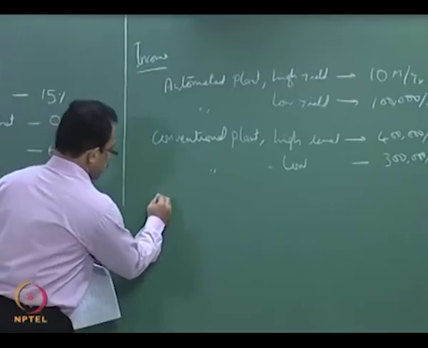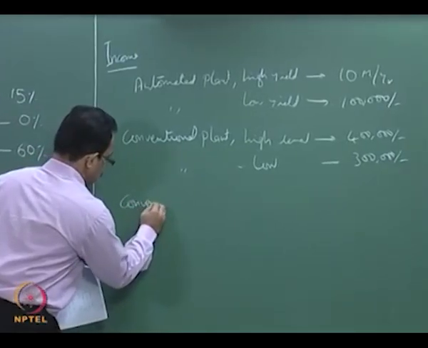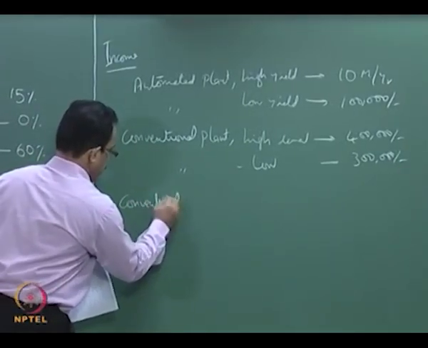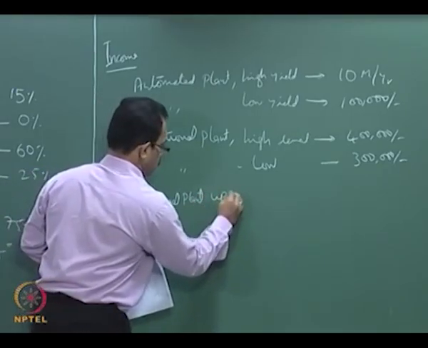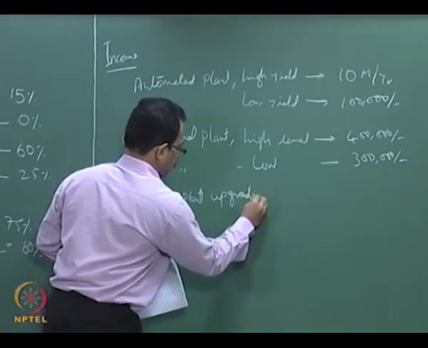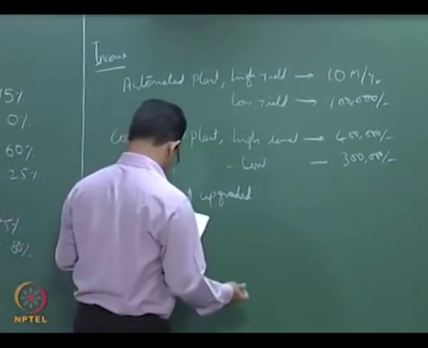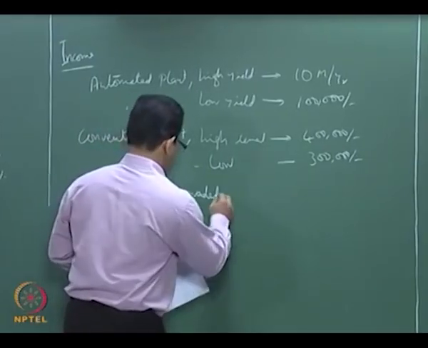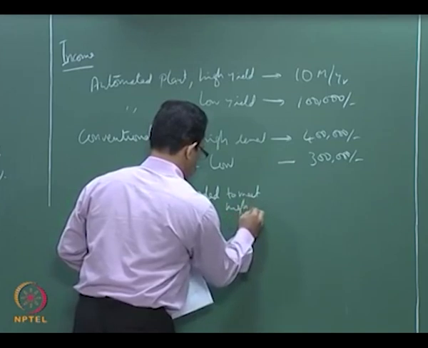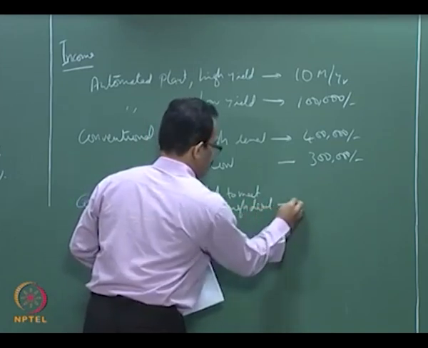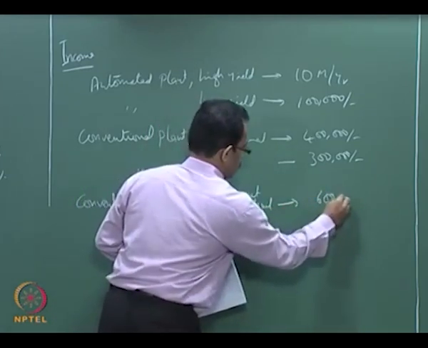And if you want to upgrade the conventional plant, or your conventional plant is upgraded to meet high demand, it will be 600,000.